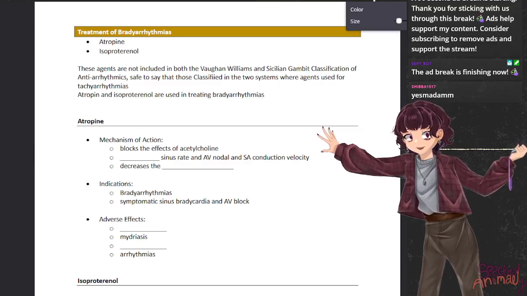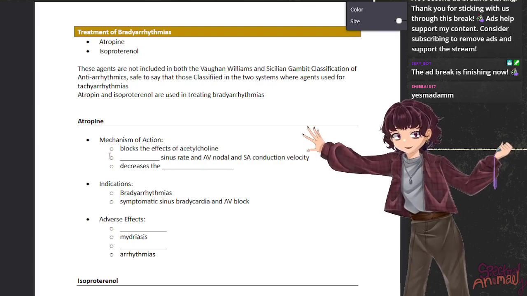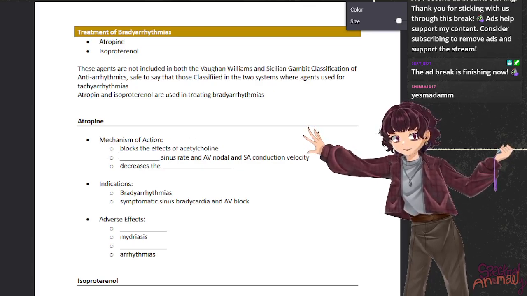This blocks the effects of acetylcholine, and it will decrease the sinus rate.